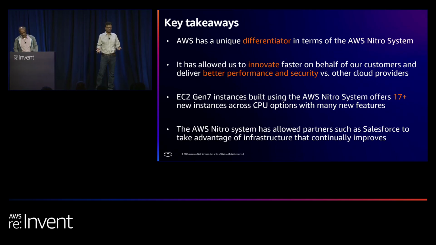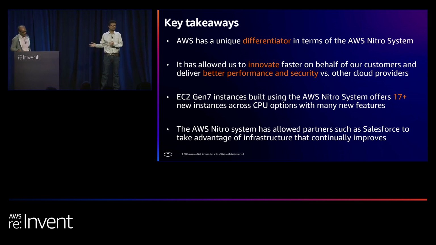I think we just have the last slide. The key takeaway here is that AWS has a unique differentiator in the AWS Nitro System. We have had it since 2017, and some of the other cloud vendors have just started. It has allowed us to innovate faster on behalf of our customers and deliver better performance and security versus other cloud providers.